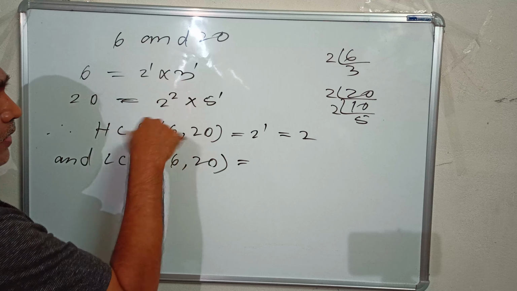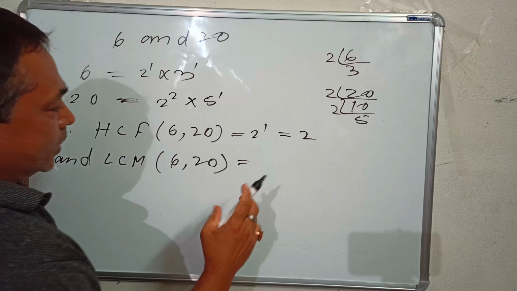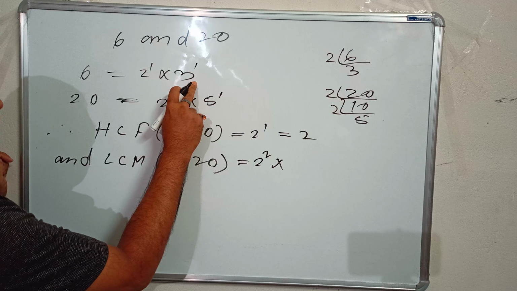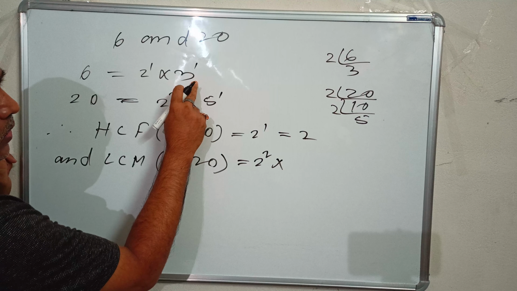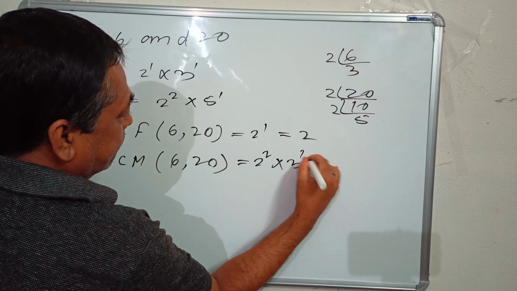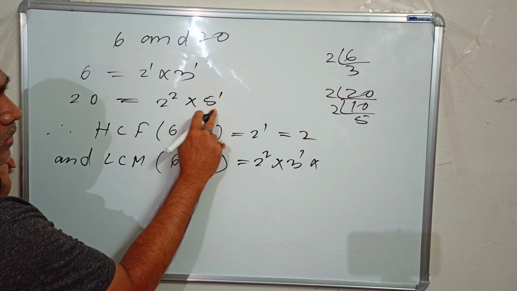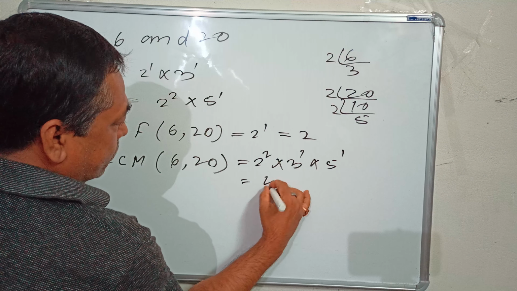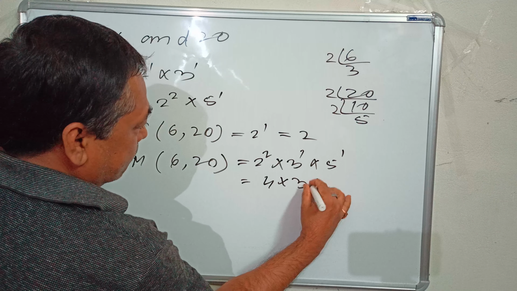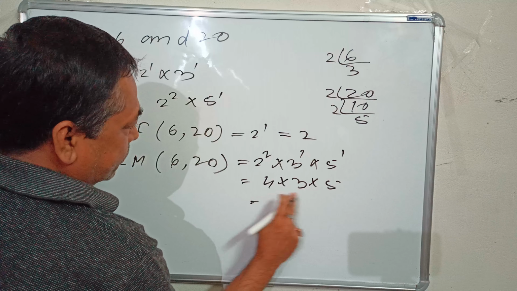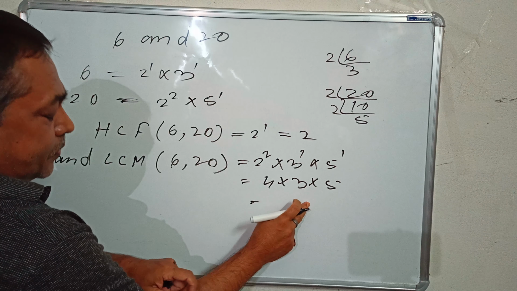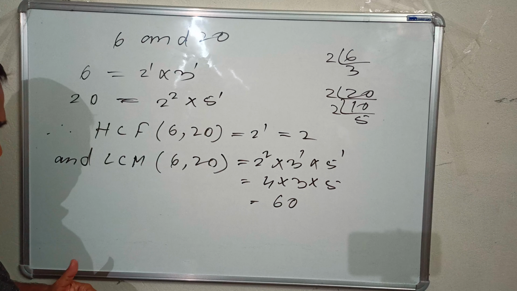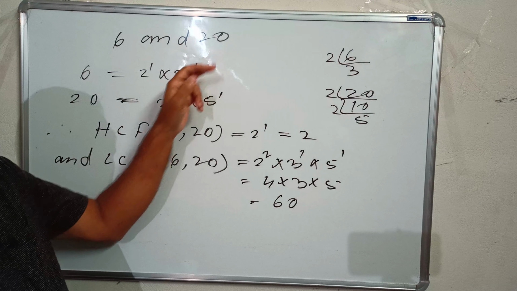So we take the greatest power of 2, which is 2 squared, into the greatest power of 3, which is 3 to the power 1, and 5 to the power 1. So that means 4 into 3 into 5. Now multiply: 4 fives are 20, so that is 60.